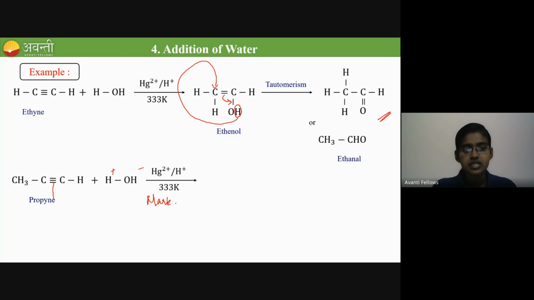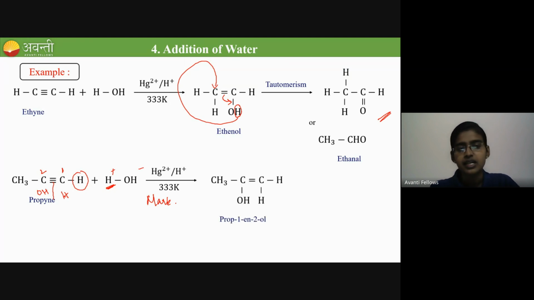If this is carbon 1 and this is carbon 2, carbon 1 has 1 hydrogen and carbon 2 has 0 hydrogen. So the hydrogen of the adding molecule has to go to the triple bonded carbon which has more hydrogens, and the negative part has to go to the carbon which has fewer hydrogens. This is how we add and get the product.